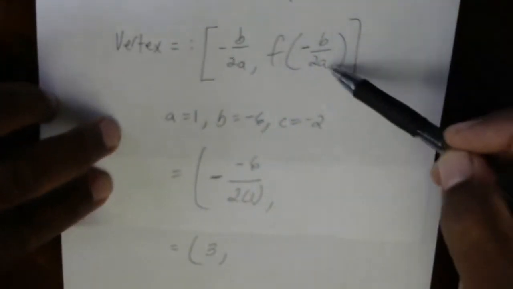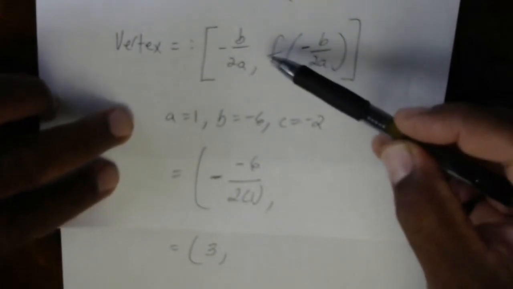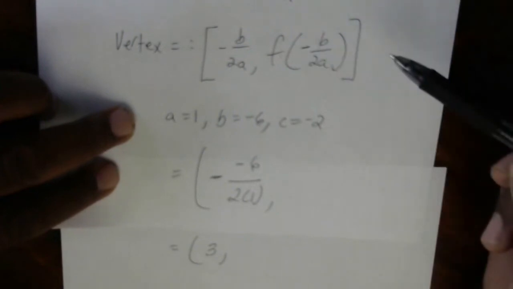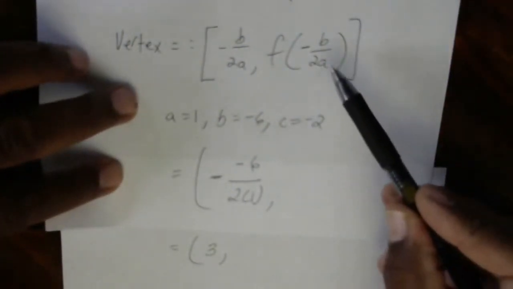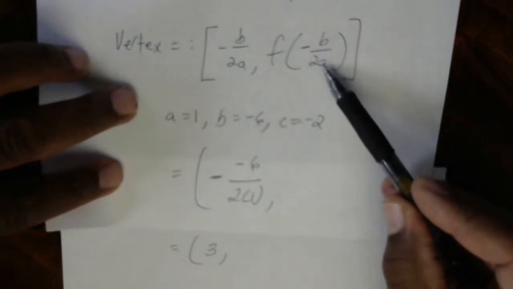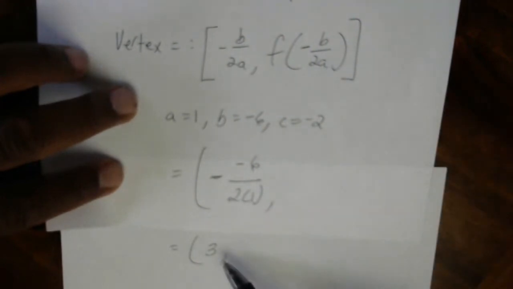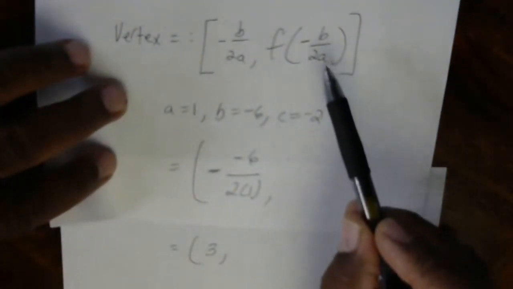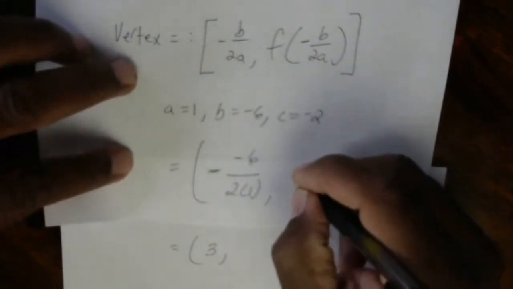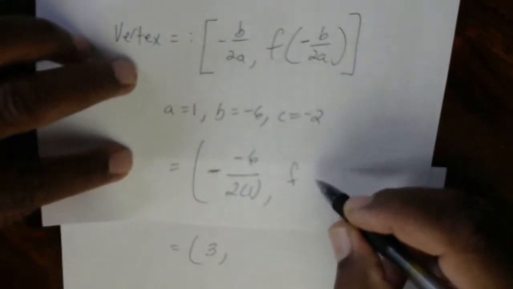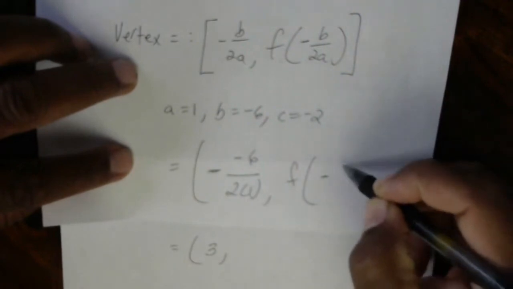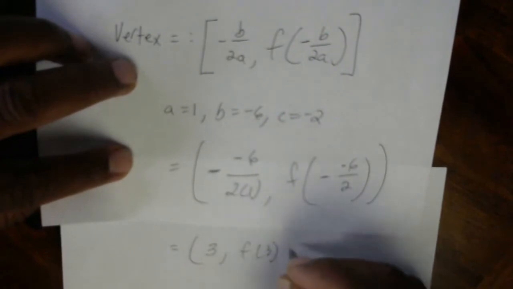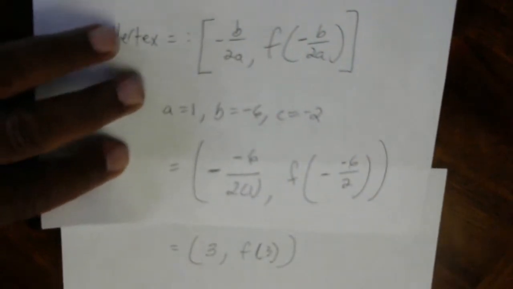So now what about this other side over here? Then it says f of negative b divided by 2a. Well, negative b divided by 2a simplified down to give us 3, right? So we have to find f of 3. So this is what happens once all the dust settles.